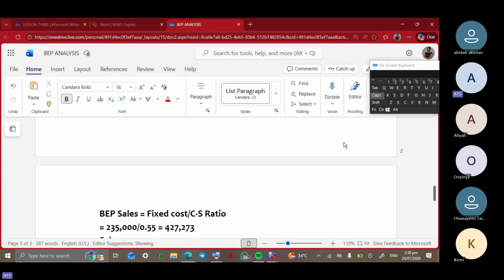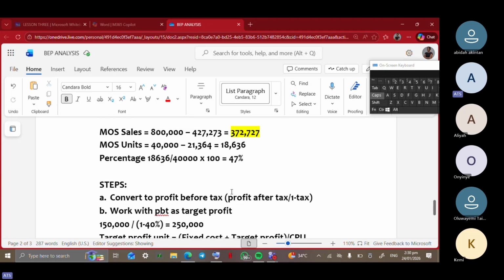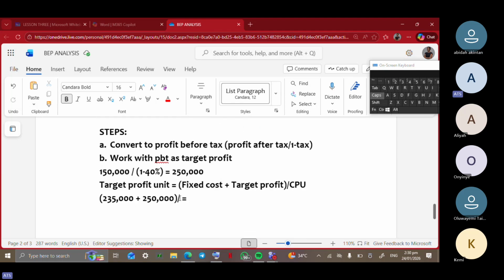What's our contribution per unit from our original work? 11, right? Yes. We calculated it before. So you just place 11 here. What's your answer? 44,090.9. So you can just say 44,091 units.